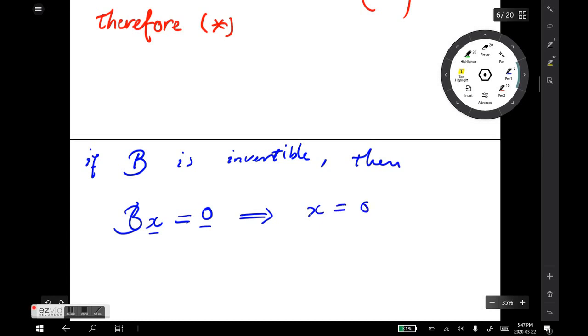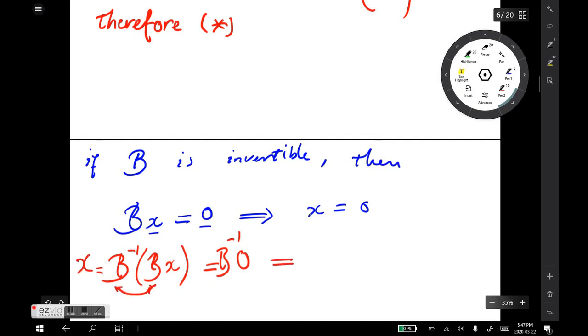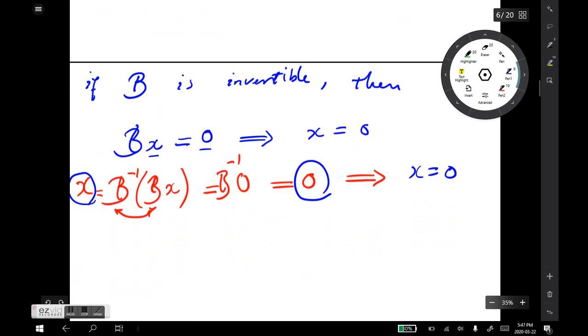That's very easy. I just multiply both sides by B inverse: B inverse times Bx equals 0, and this is x, because B inverse times B is the identity, and the right side is 0. So therefore x is equal to 0.